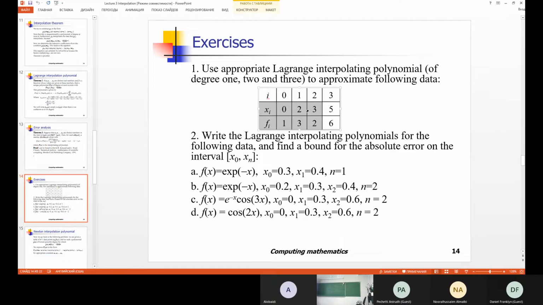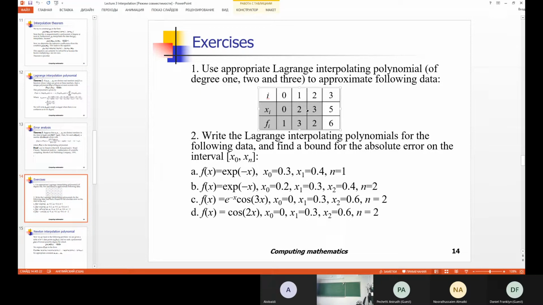Oh, you forget times 3. So, well, you forget F2 and F1. F0 now. What is F0? 1, okay.